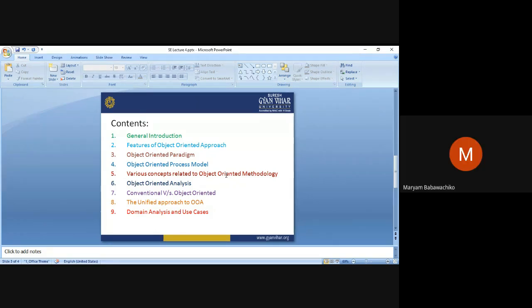Yes, sir. So the spiral model is the basic model you can use to elaborate the object oriented process model. It provides a better understanding of it.